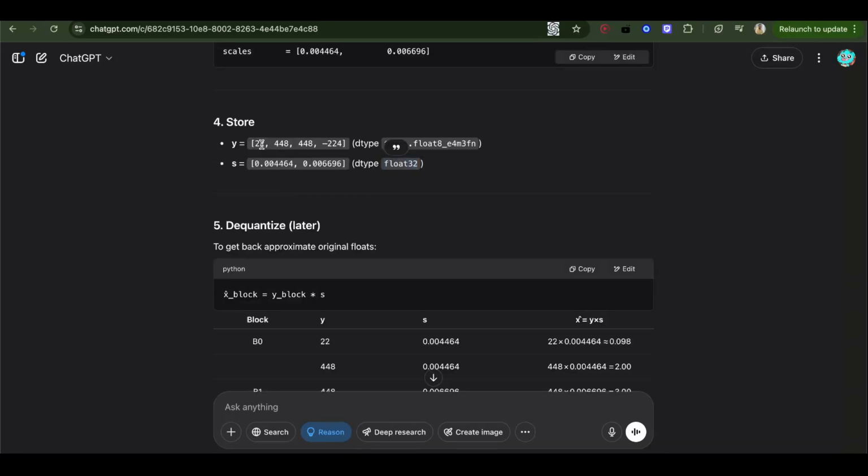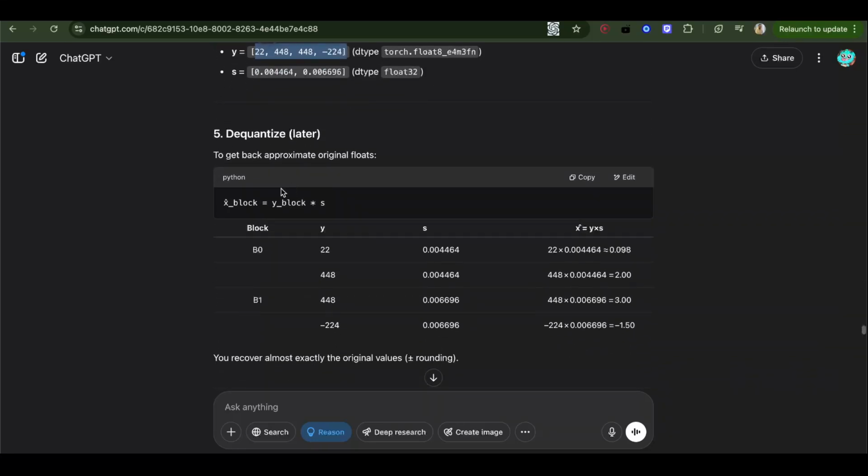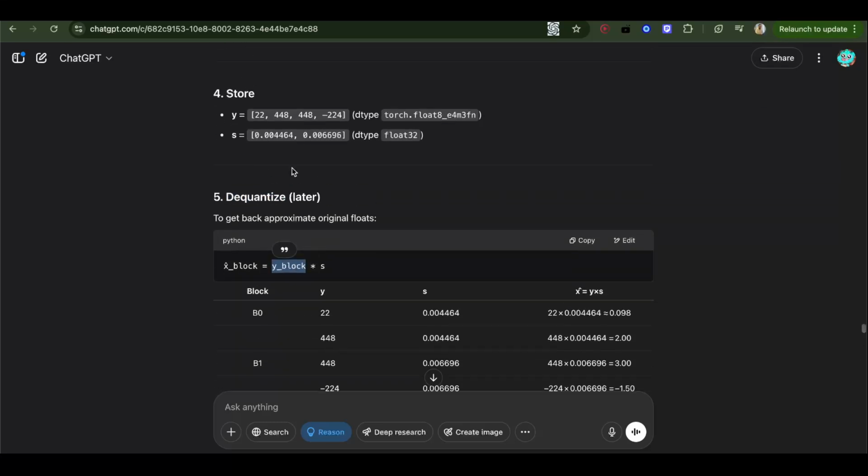And after we do matrix multiplications with these float 8 numbers, then we can dequantize later. So we get our y block, or this could be the result block, if we are doing multiplication or whatever, times scale, we get the dequantized block.